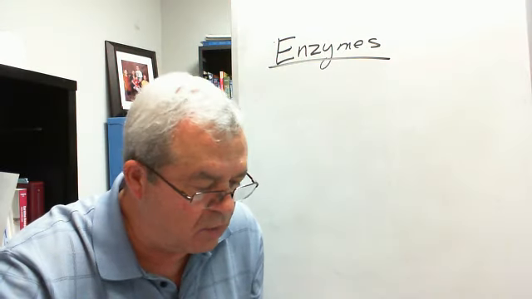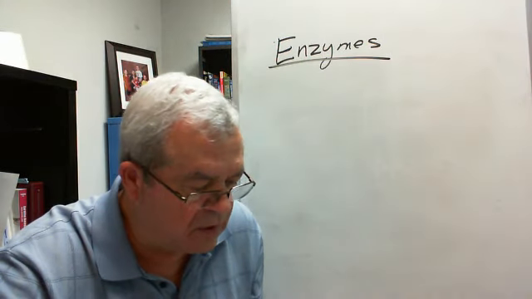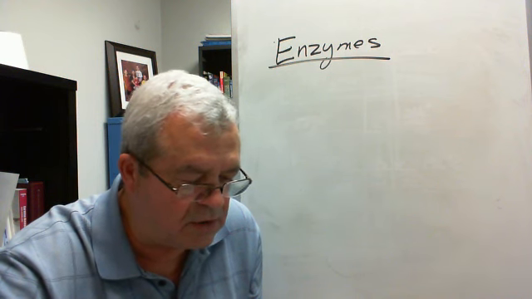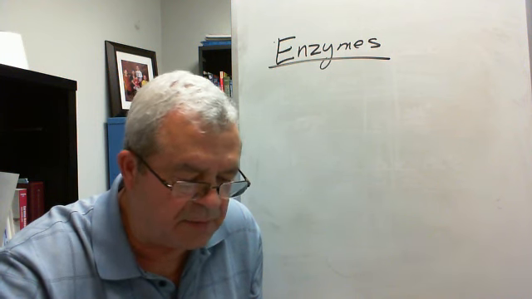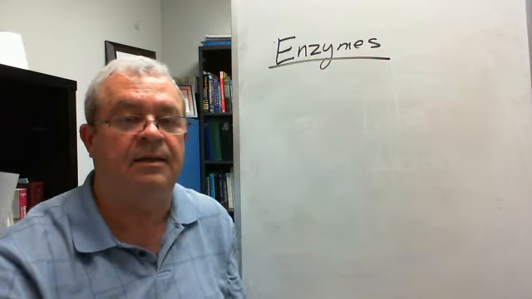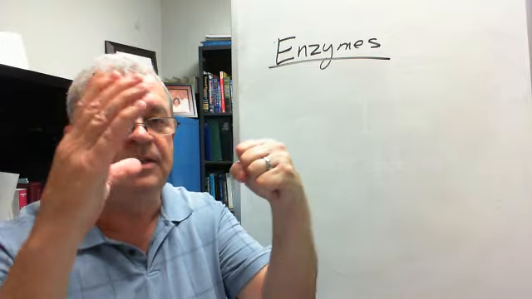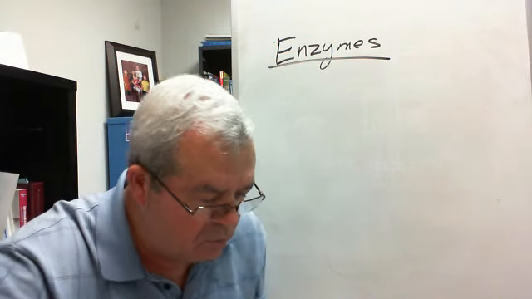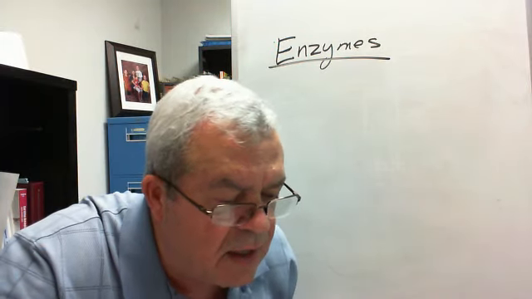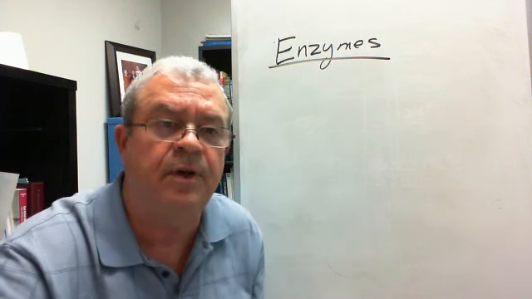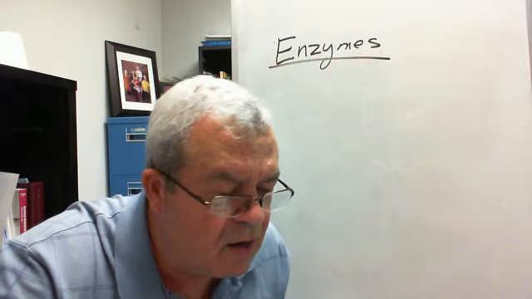All right, the next question is, how many chemical transformations can the fastest enzyme molecules perform per second? Whoa, what does it say there? It says the fastest working enzymes can carry out 100,000 chemical transformations per second.